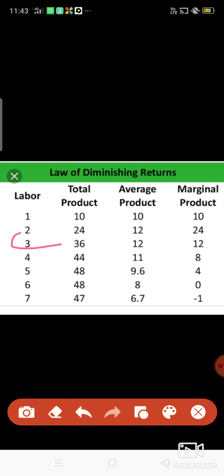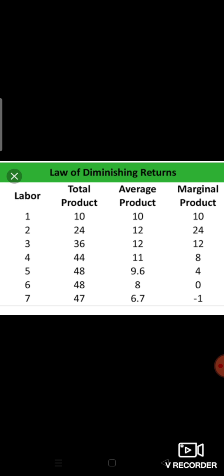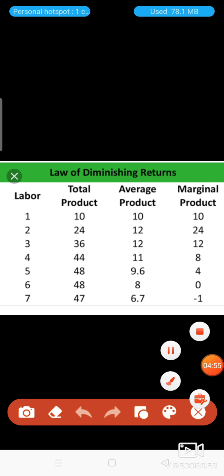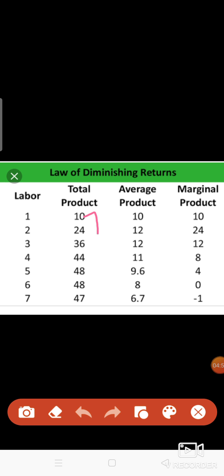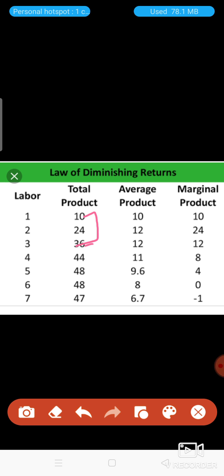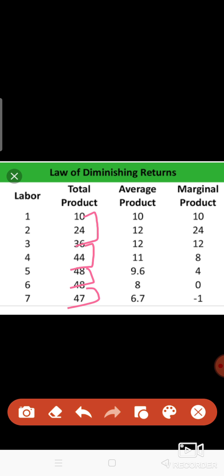So here what relation can we find? First total product is increasing at increasing rate, after then increasing but at decreasing rate, and then became constant, and then it started decreasing.